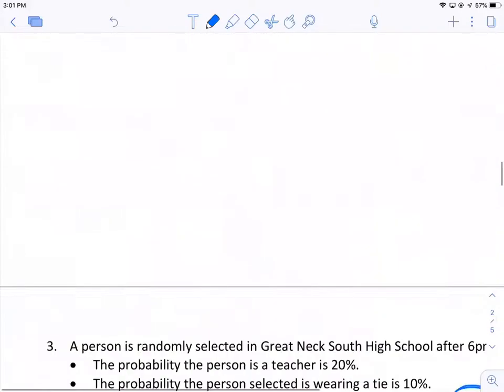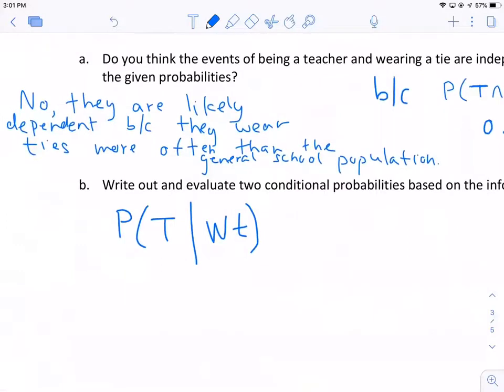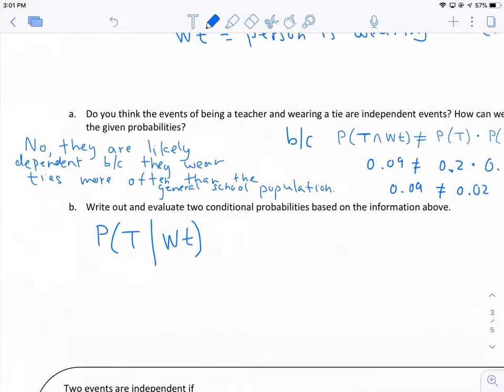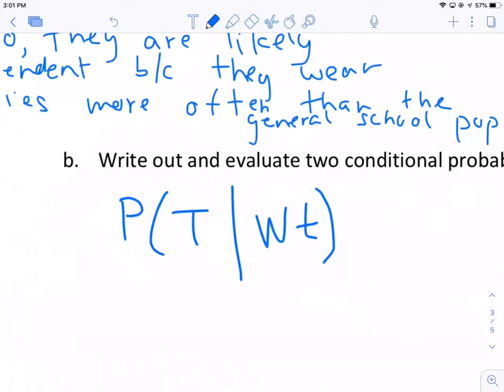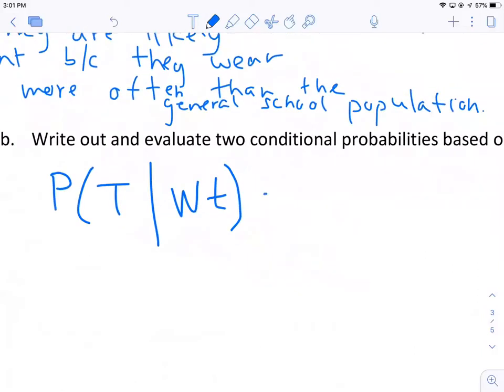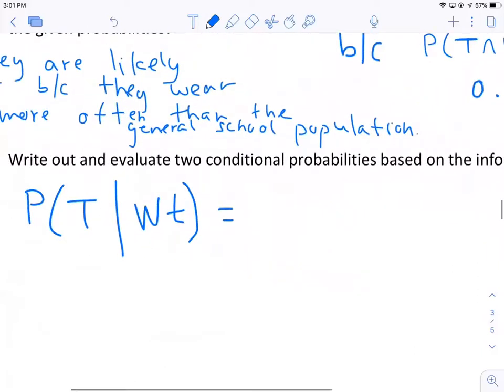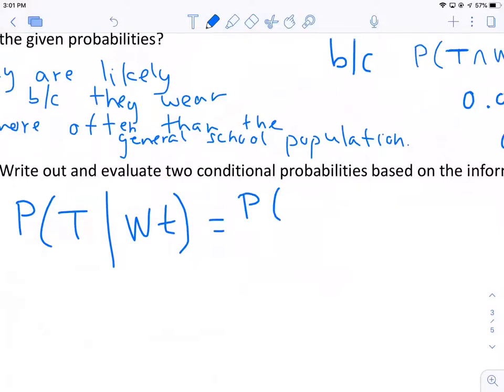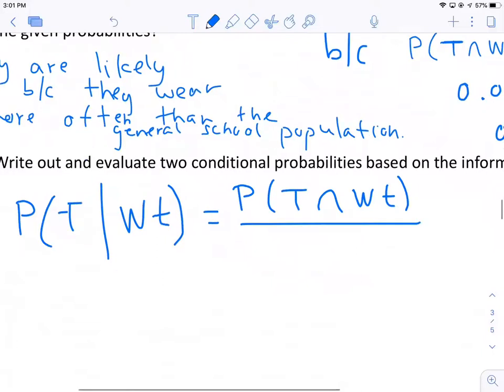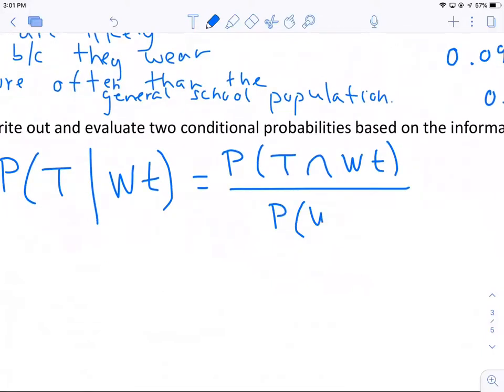But in this example, with the teachers, we're saying these events are not independent. So the fact that they wear a tie is going to have an effect on the probability of them being a teacher. So let's use the formula. The probability of teacher given that they are wearing a tie is going to be the probability of teacher and wearing a tie over the probability of them wearing a tie.